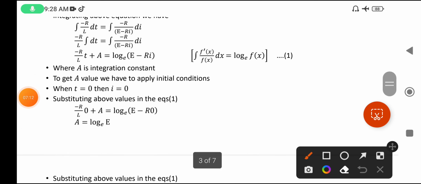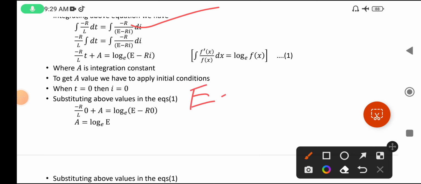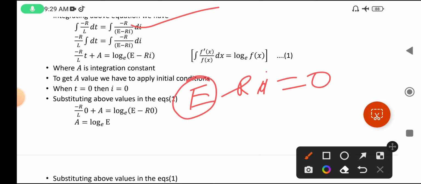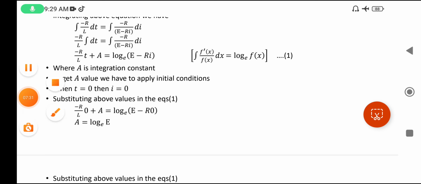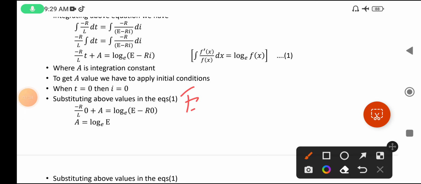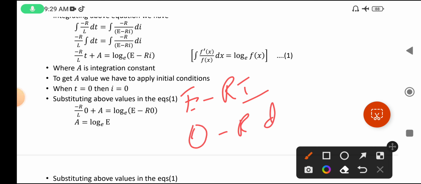Okay friends, and here if you observe this one, if you differentiate E minus Ri, what do you get? E is a constant term of the battery, so its derivative is 0, and it is 0 minus R di.